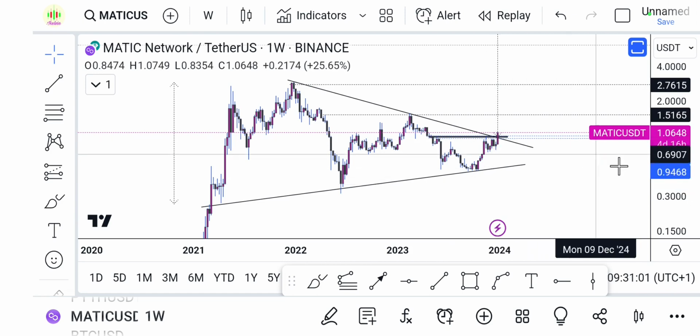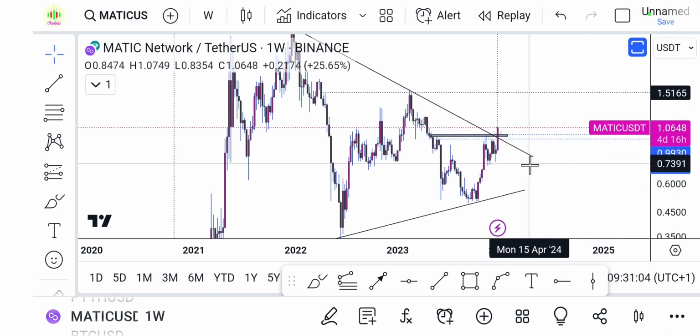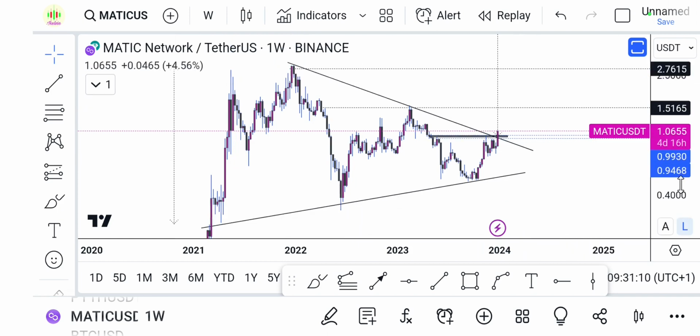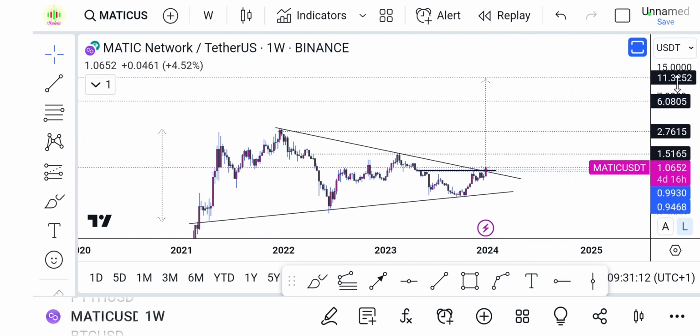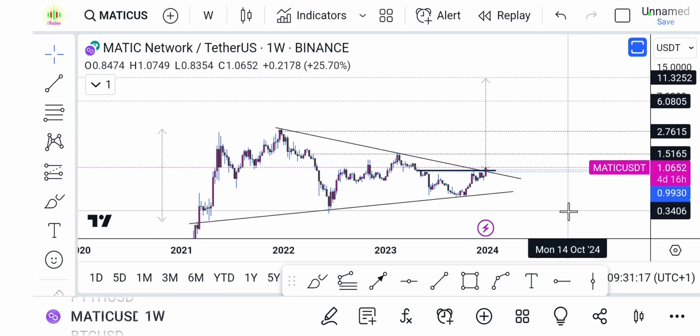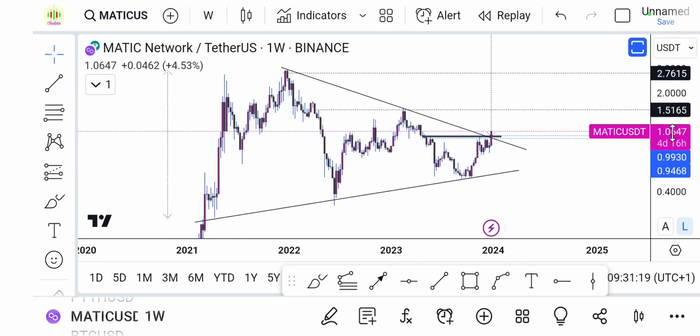So a breakout here on the weekly time frame shows a good sign of strength, sign of more push to the upside, and we're looking at long-term targets of around 11 dollars or thereabout, but it's going to be a long shot from here.